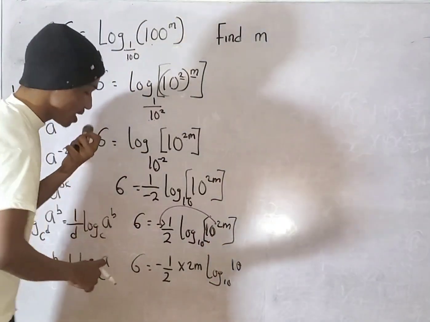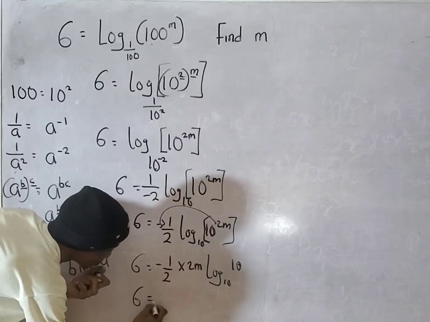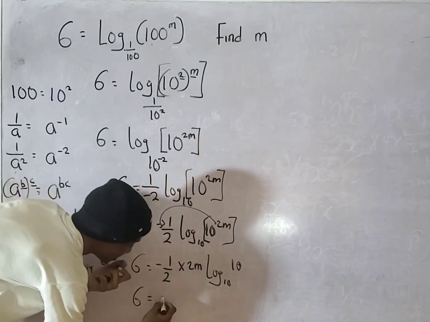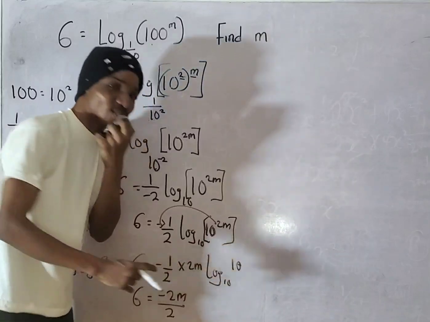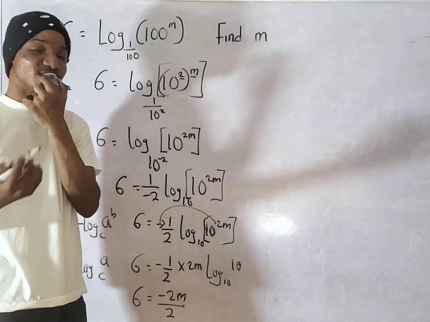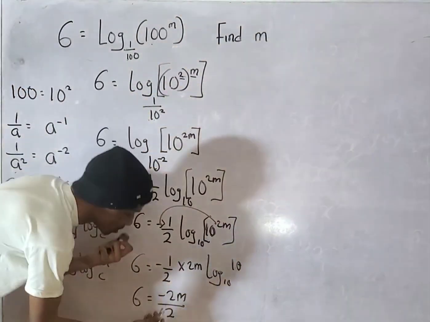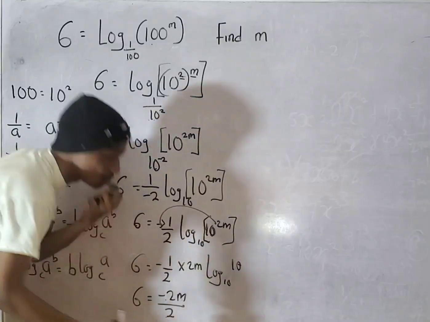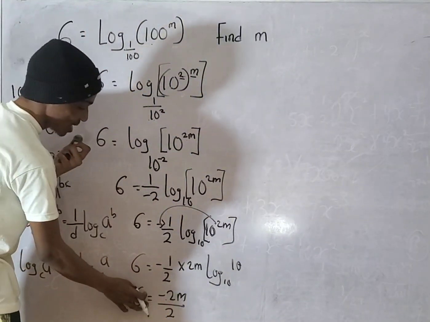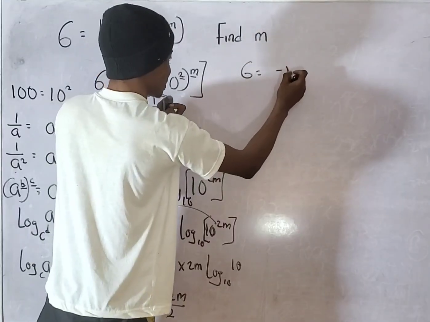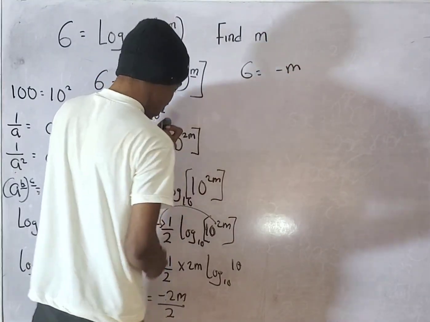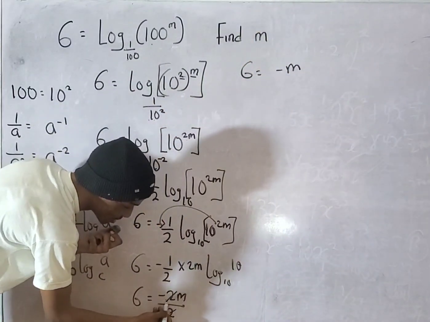So I'm going to have 6 equals minus 1 times 2m, that is minus 2m, all over 2. Now, do you know that log 10 base 10 is 1? The log of a number to the same base is 1. So I'm left with negative 2m divided by 2, multiplied by 1. Now the result will be 6 equals minus m, because we eliminate these 2.